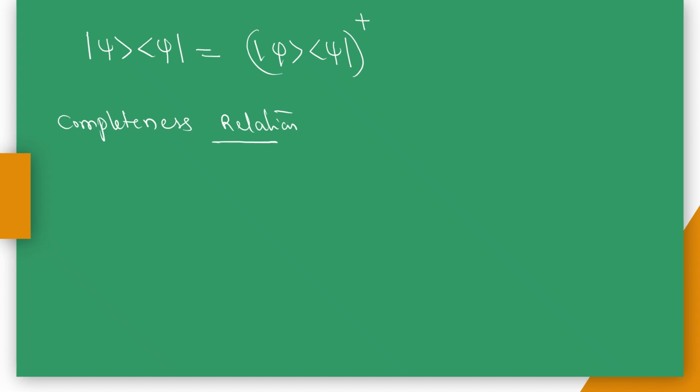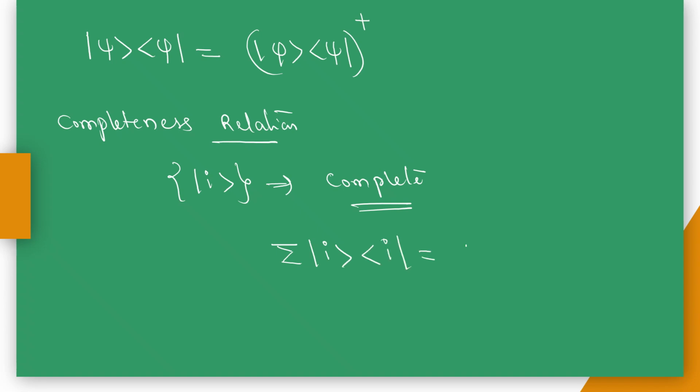Completeness relation: a set of orthonormal basis states is said to be complete if and only if any state in the Hilbert space can be expressed as a linear combination of them. Sigma, the linear combination of outer products, is equivalent to I, the identity matrix.